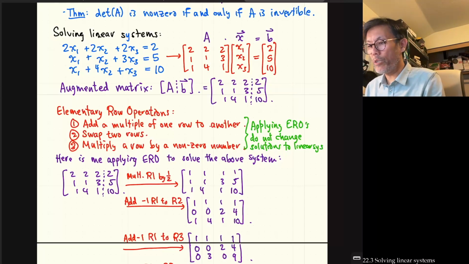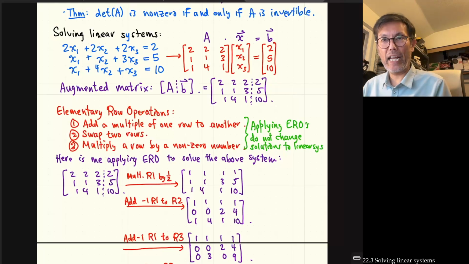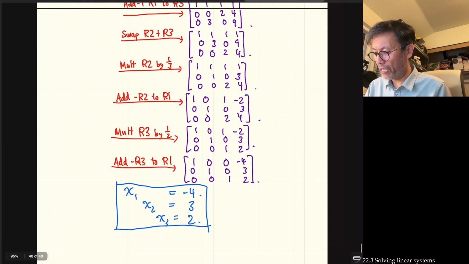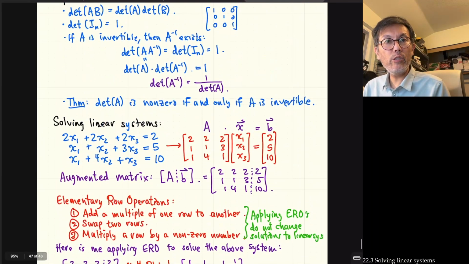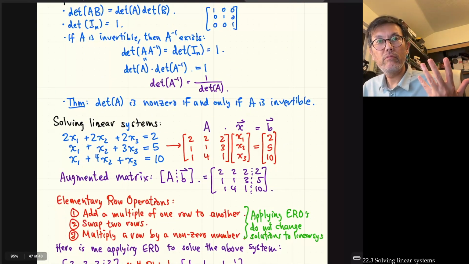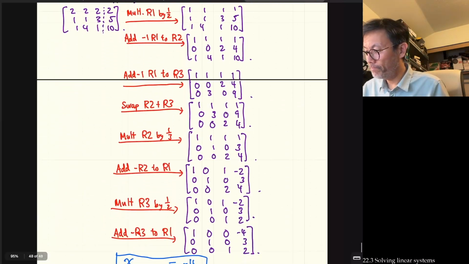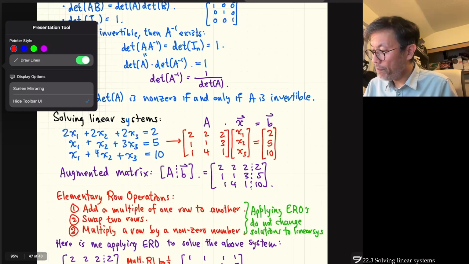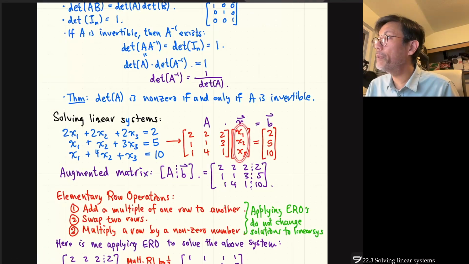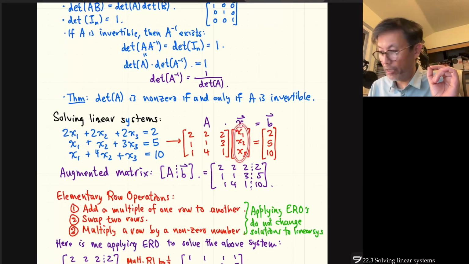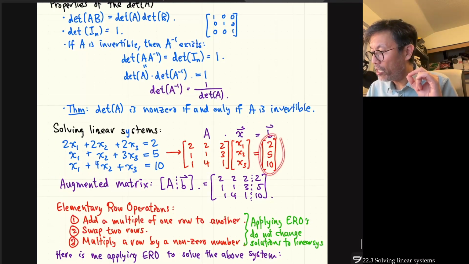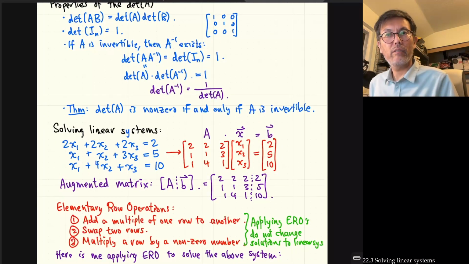You can check that when you replace x1 by -4, x2 by 3, and x3 by 2, which I believe were the answers, yes, -4, 3, and 2, that indeed you get 0. Another way of doing that, of course, would be to plug x1, x2, x3 being -4, 3, 2 here, and then do this matrix multiplication and see that you get 2, 5, 10. Okay?